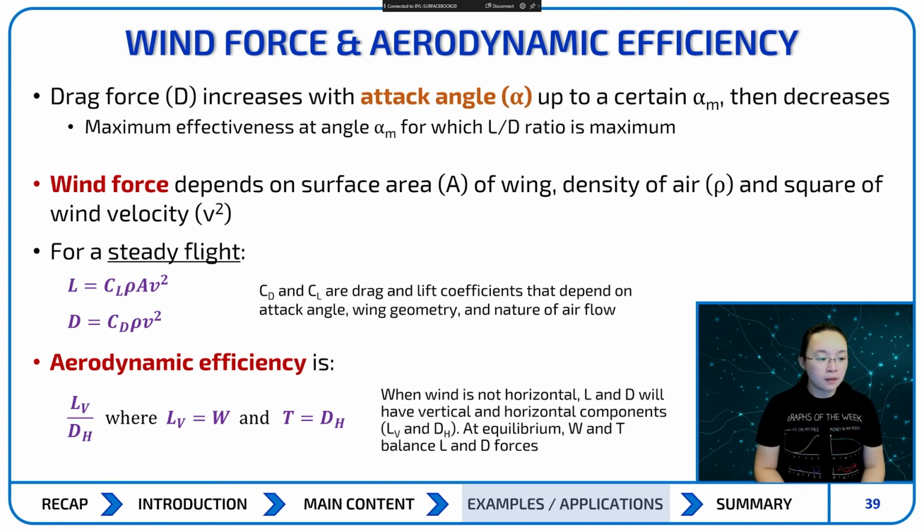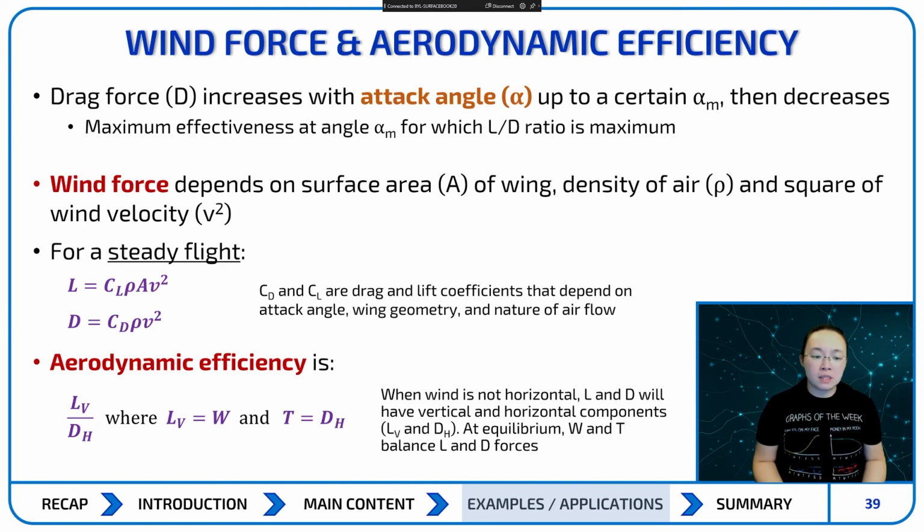Now, if we take a look at aerodynamic efficiency, when I was talking about the attack angle, it said that there was some sort of L over D ratio. That L over D ratio is called your aerodynamic efficiency. So you just have L over D, where LV is equal to your weight, and you have your thrust being equal to DH.